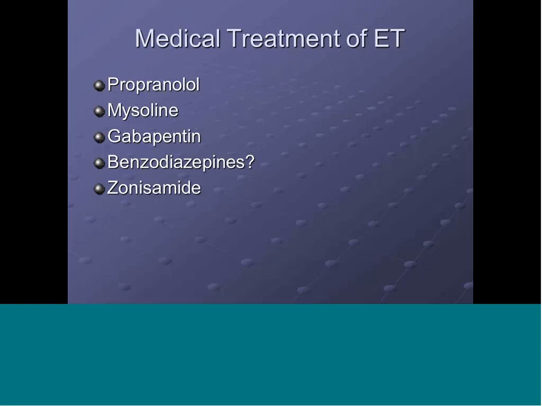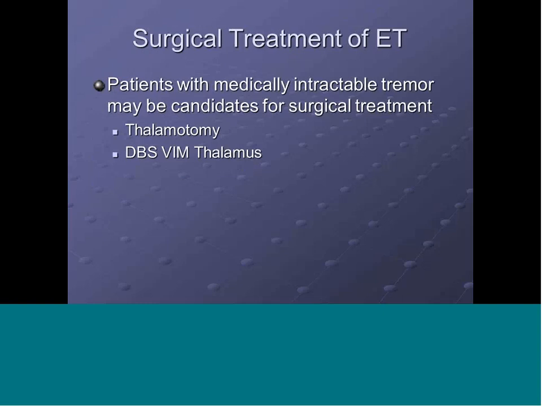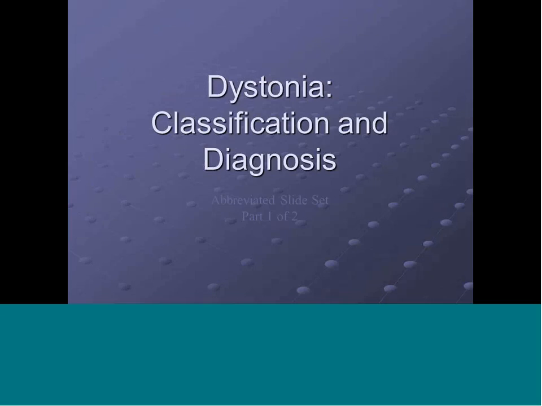Zonisamide comes before gabapentin, and then Topamax as well, topiramate. Typically, if it's significant essential tremor and people want good control, we have to use more than one agent, probably lower dose, to avoid the side effects associated with these agents. And then, last but not least, DBS of the ventral intermediate thalamus, which gives more than 90% tremor control, by the way.